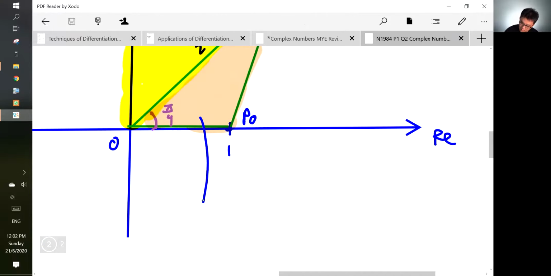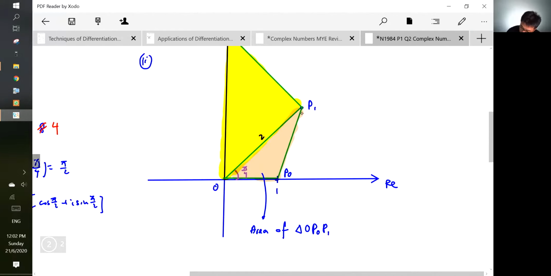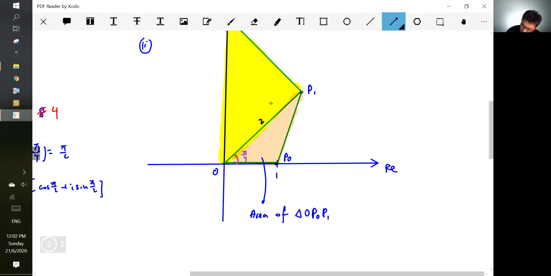Draw this out first. This is the area of triangle OP0P1. This unit here is 2. You have the angle pi over 4. By using trigo ratio, this length here is 2 sine pi over 4, which is 45 degrees, 1 over root 2, so it's root 2.